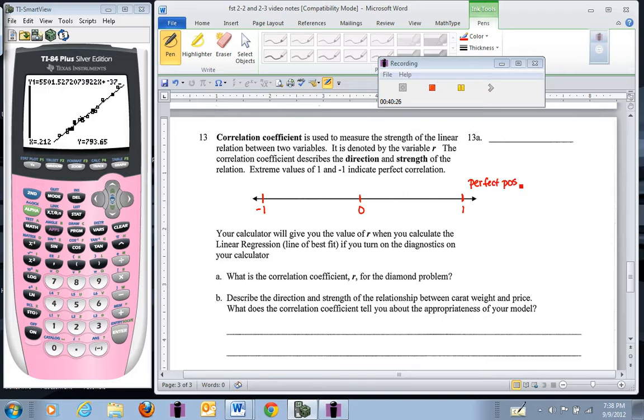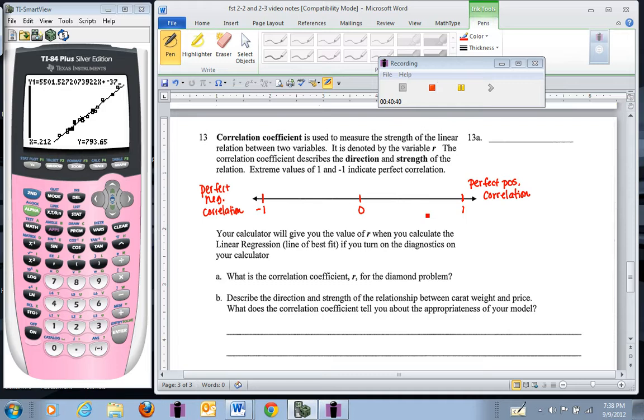1 would be perfect positive correlation. -1 would be perfect negative correlation. If the slope of the line of best fit is positive, it will have positive correlation.